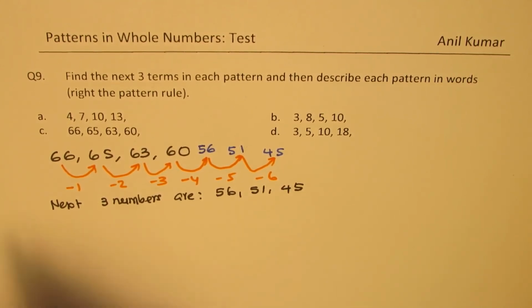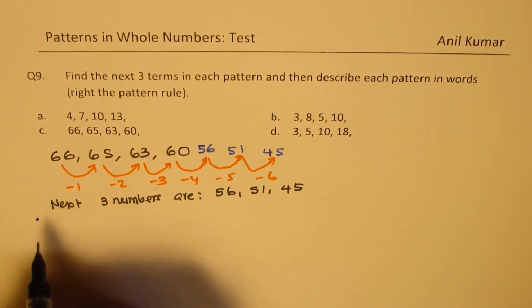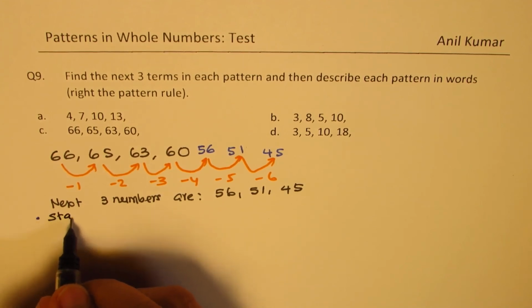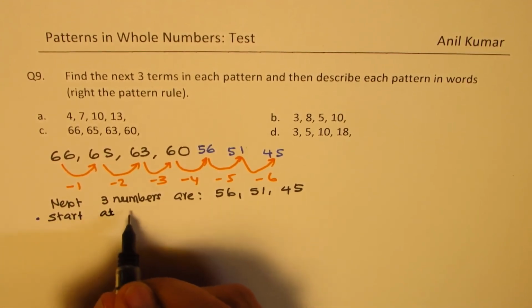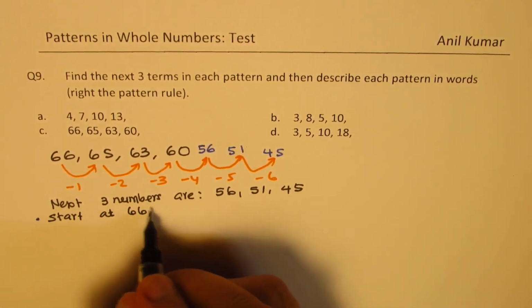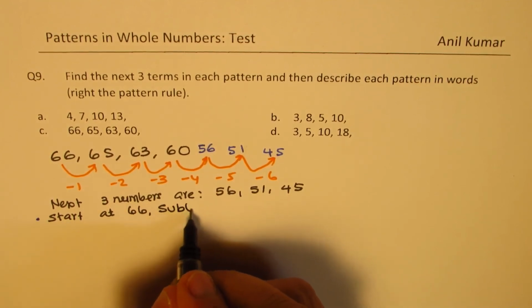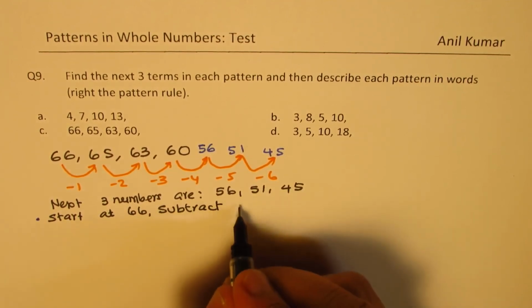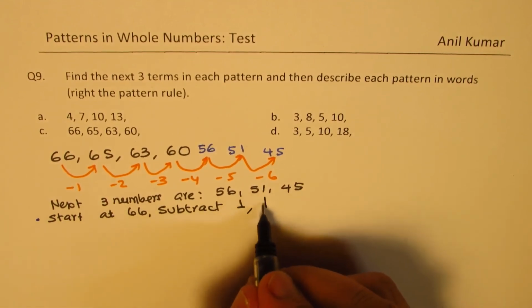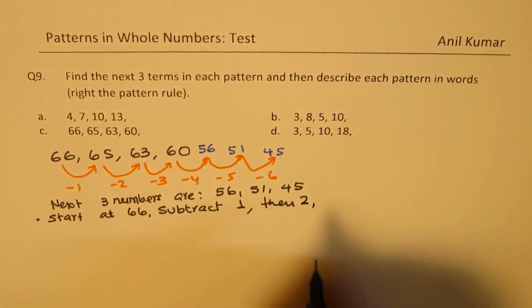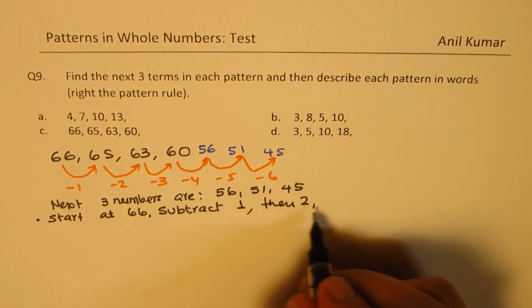How do you describe this rule? Well, to describe the rule, what we observe here is that we start at 66, then subtract 1, then 2, right?